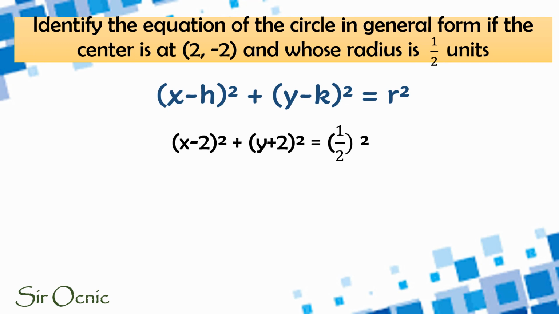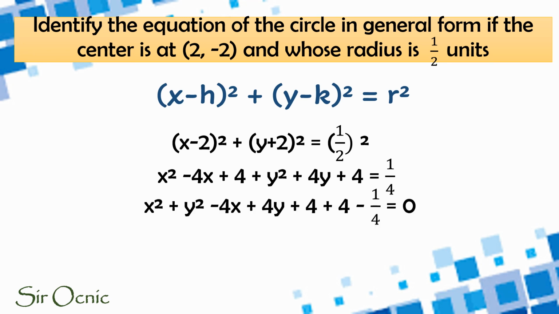Expanding the two squares, we will arrive at x² - 4x + 4 + y² + 4y + 4 = 1/4. Rearranging all the terms at the left side of the equation, that will lead us to x² + y² - 4x + 4y + 4 + 4 - 1/4 = 0.